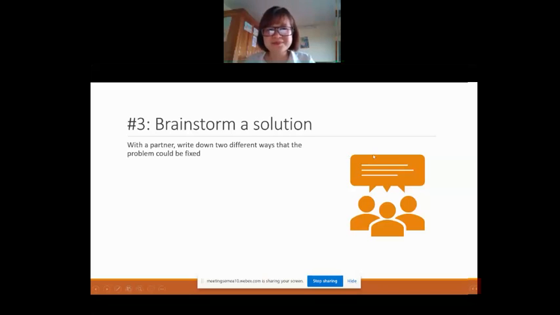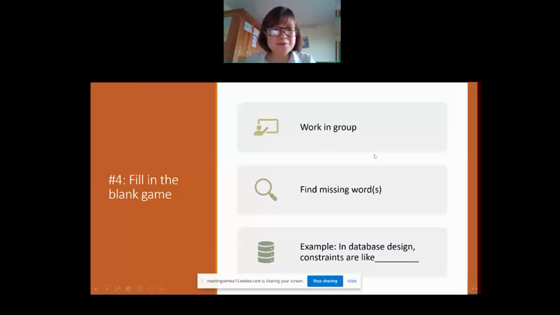The fourth one is the fill in the blank game. I try to create a game when, for example, my students have to remember some theory like the terms and the definitions, and it may be boring and difficult to remember.